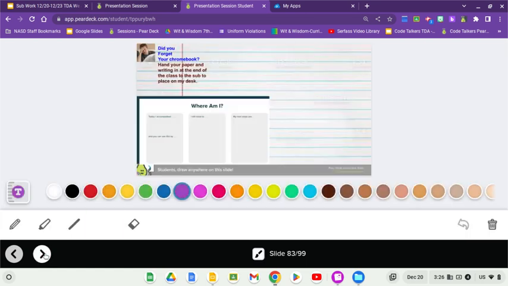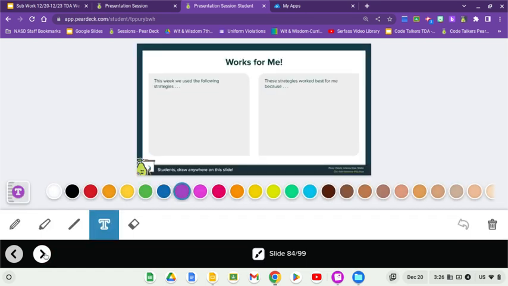So, works for me. This week, we used the following strategies, right? Maybe it was the colored annotations. Maybe it was the exemplar of the essay. Maybe it was the prompt, or maybe it was the draggable dots.